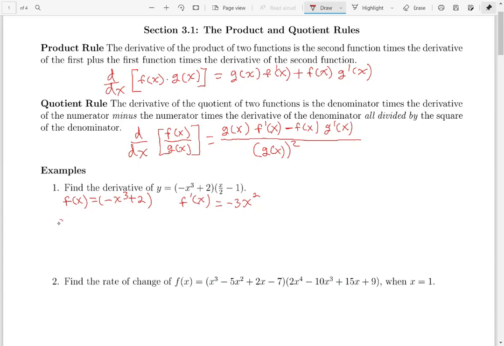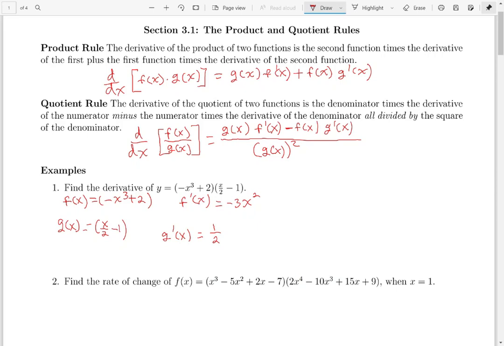Then what's our g of x? Our second function, g of x, is x divided by 2 minus 1. So then let's take the derivative, g prime. G prime of x is going to be, well, the derivative of a constant times x is the constant, so that's 1/2. The derivative of a constant, negative 1, is 0, so g prime is 1/2.